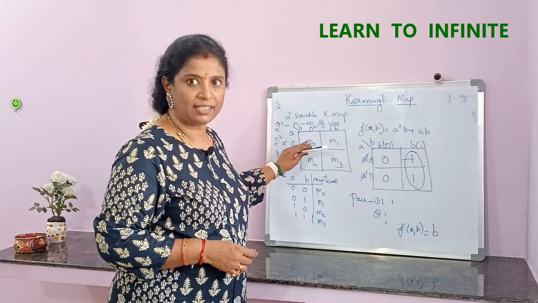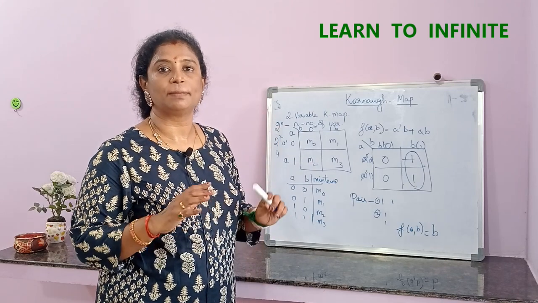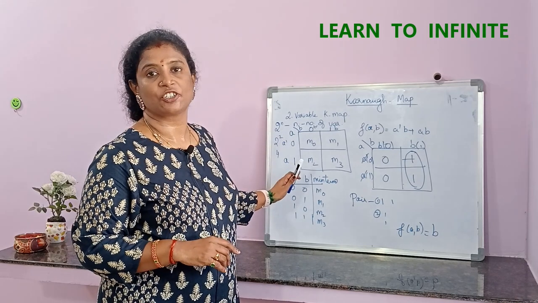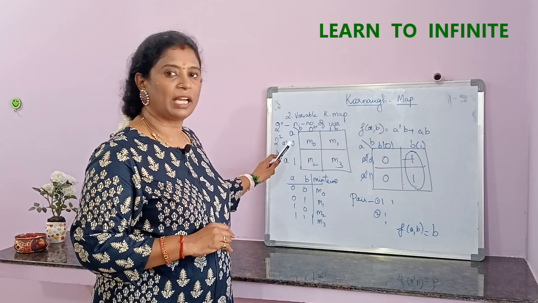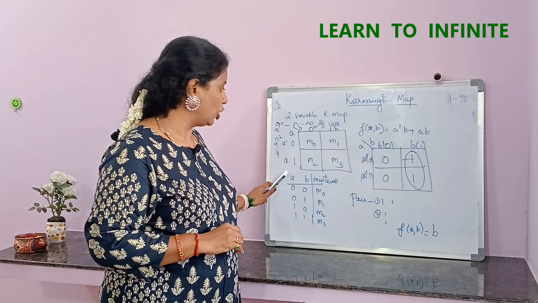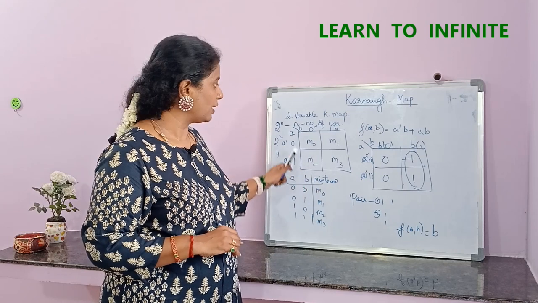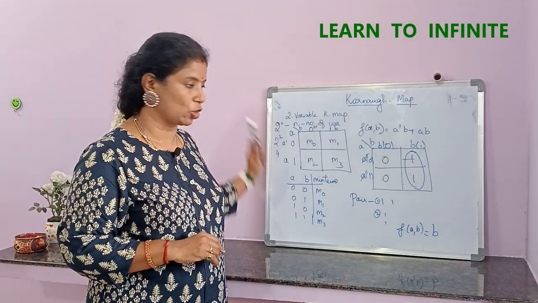Again, just a glimpse of what a K-map is. K-map is used for simplification of our Boolean function. In today's lecture we have seen what a 2 variable K-map is. In a 2 variable K-map you will have a complementary value and a normal value. The min terms will be from m0 to m3. It comprises 4 squares because 2 variables, 2 power 2, is 4 squares.